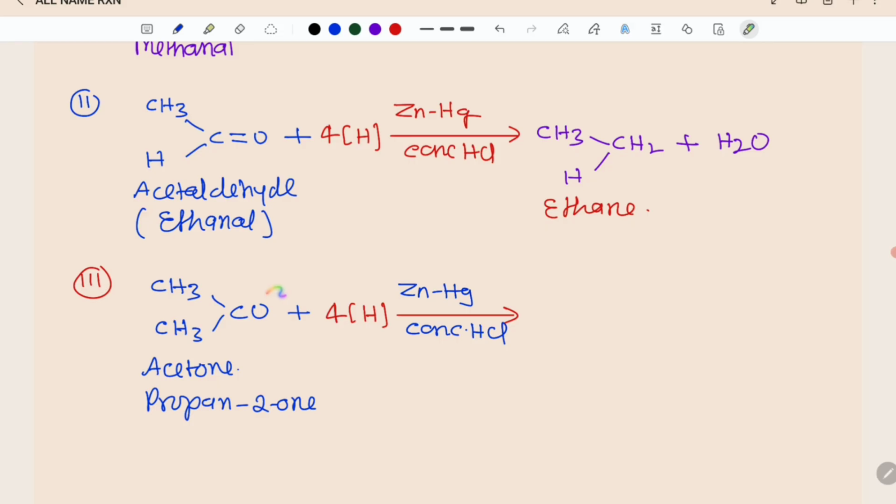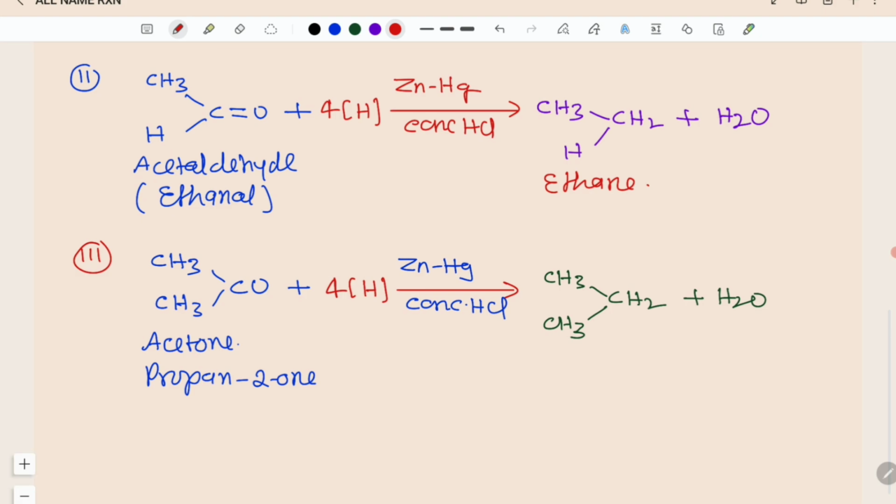In this reaction, the carbonyl group will be reduced into a methylene group. So we get the product CH3CH2CH3 plus H2O, and the product formed in this reaction is propane.